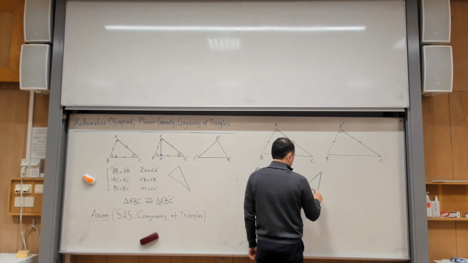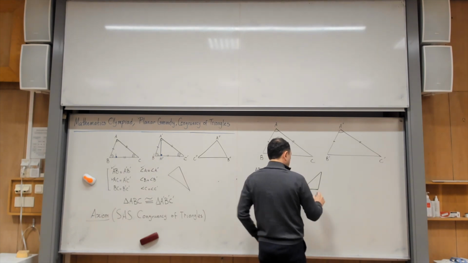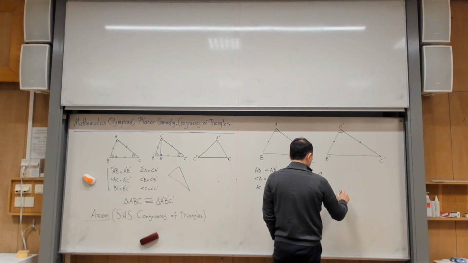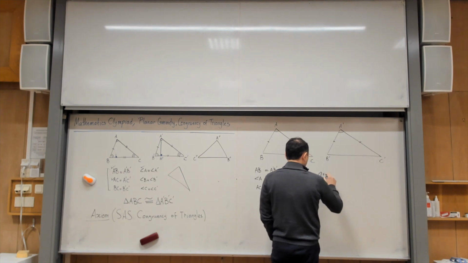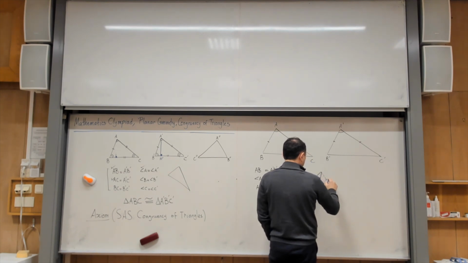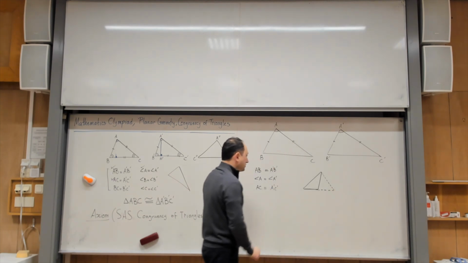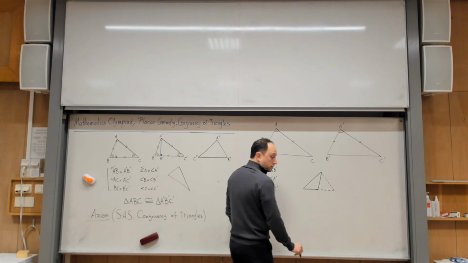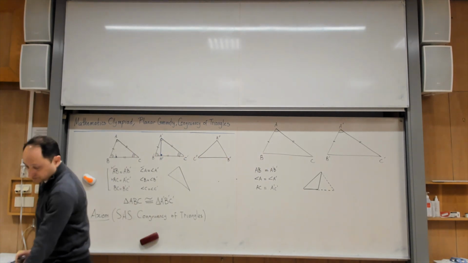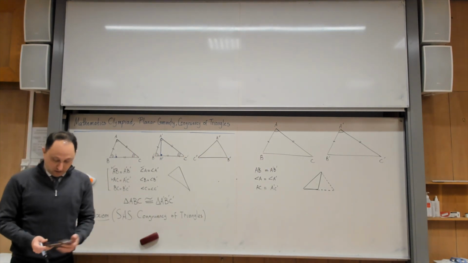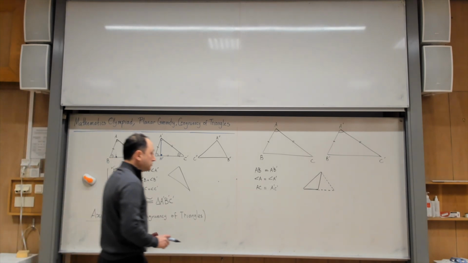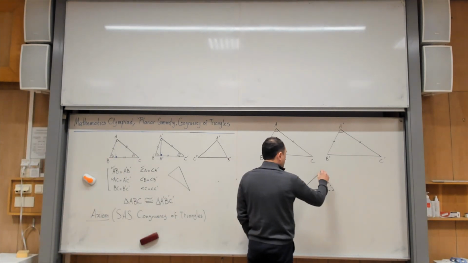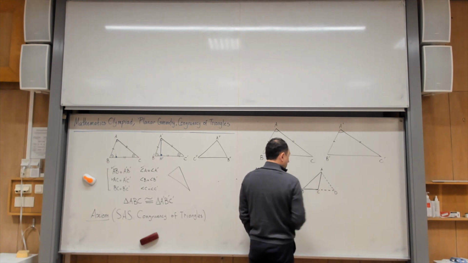Okay. So let me take it like this. Okay, so consider these 2 triangles. Let me call them A, B, C, and D.